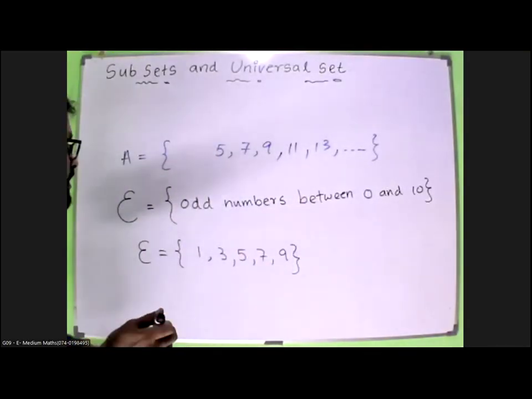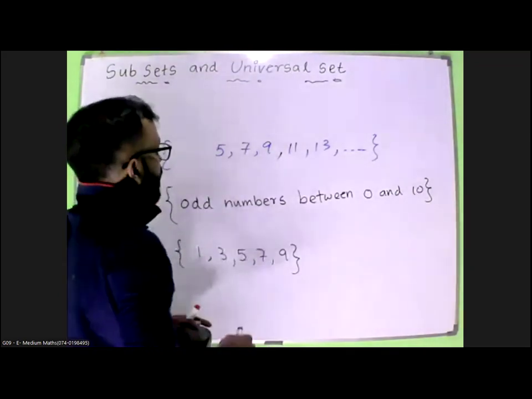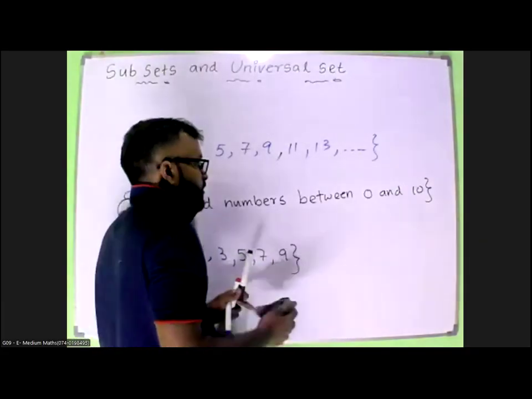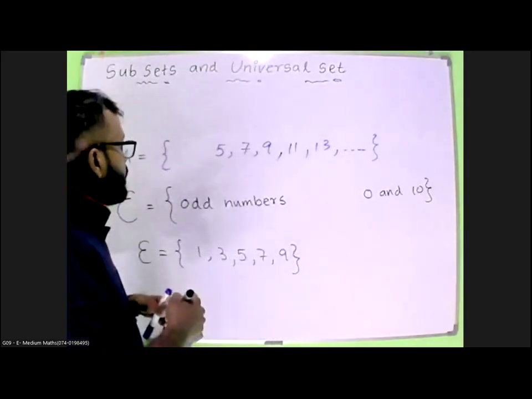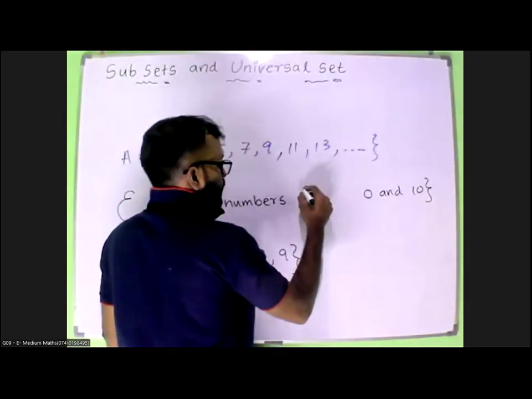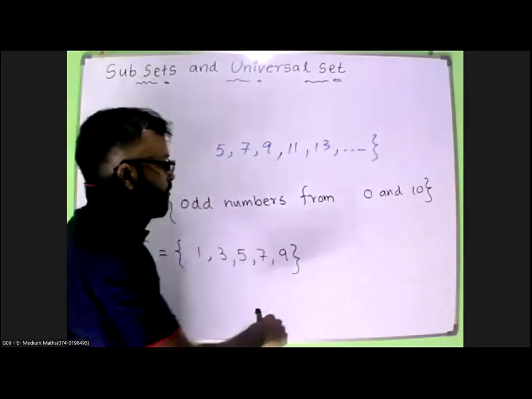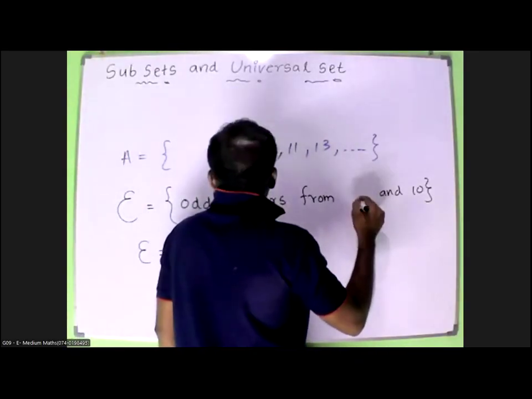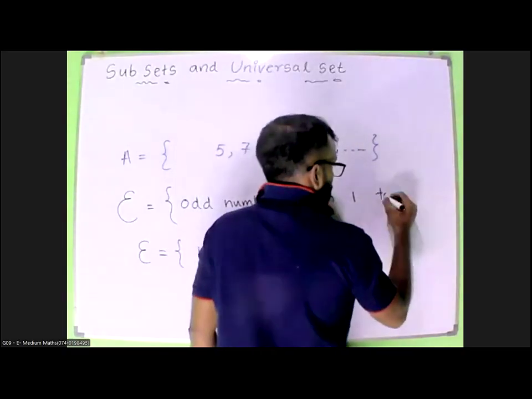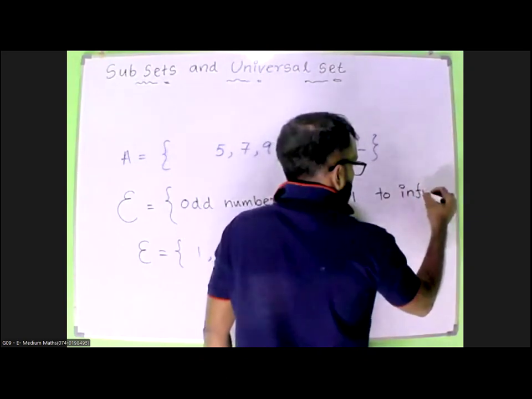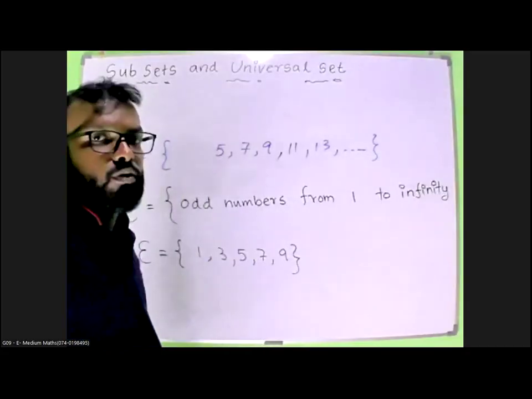So very basically, you can say my universal set will be odd numbers from 1 to infinity. Correct. Odd numbers from 1 to infinity.